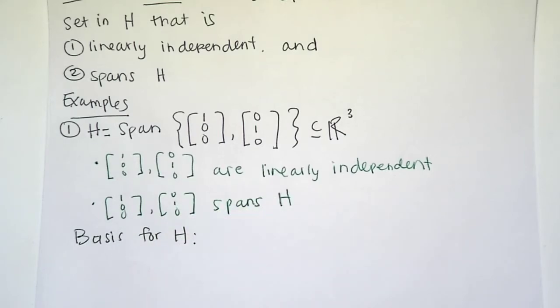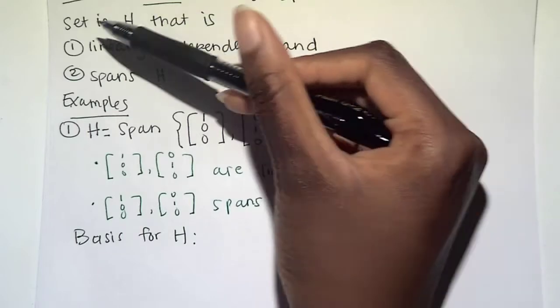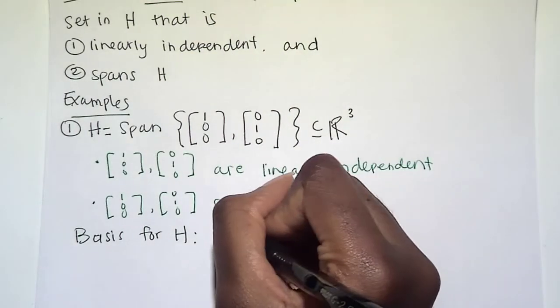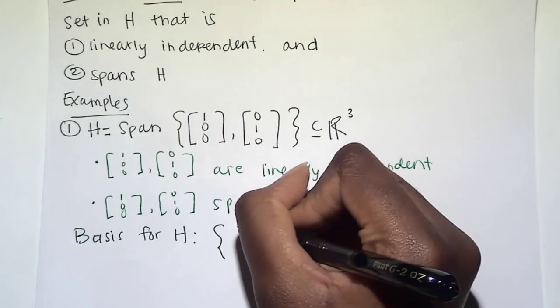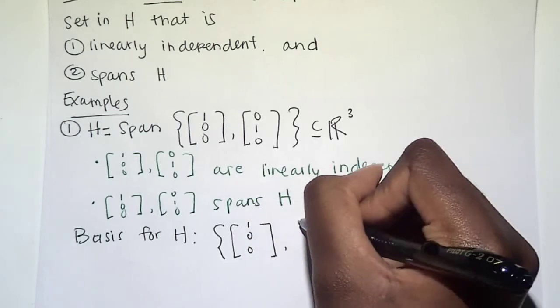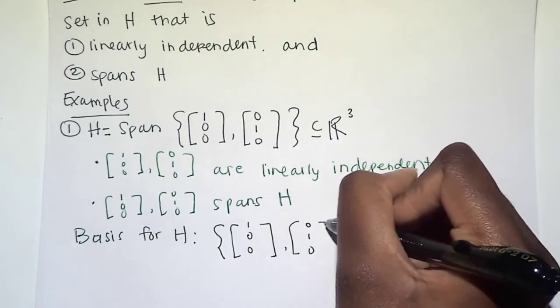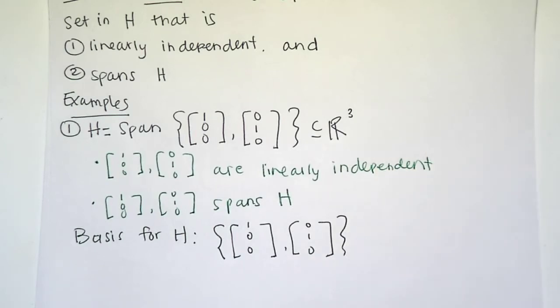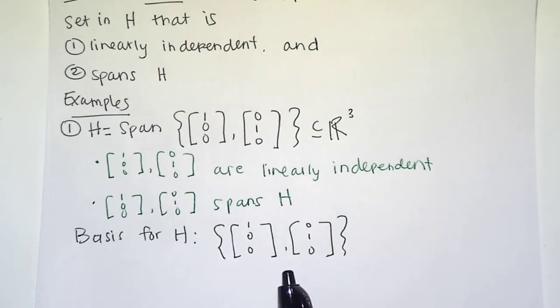All right, and so the way we would write our basis is as a set, because it is a set. All right, so what we're saying when we say that these two together as a set forms a basis for H means that we can get everything in H just from using these two vectors, and this is all we need.